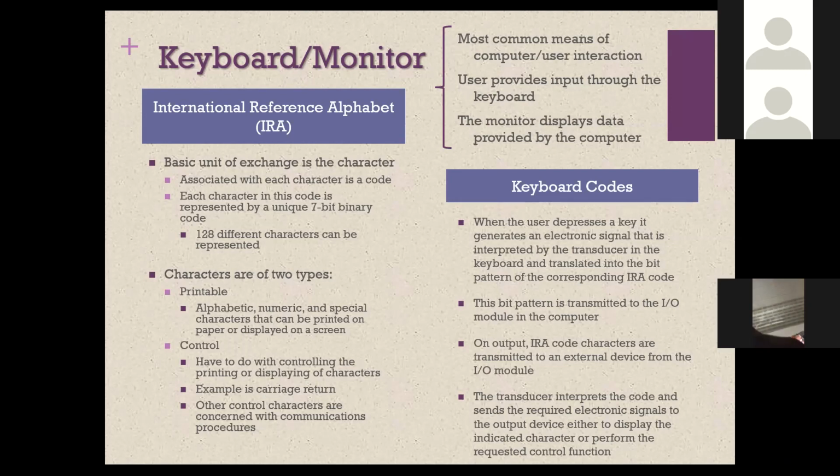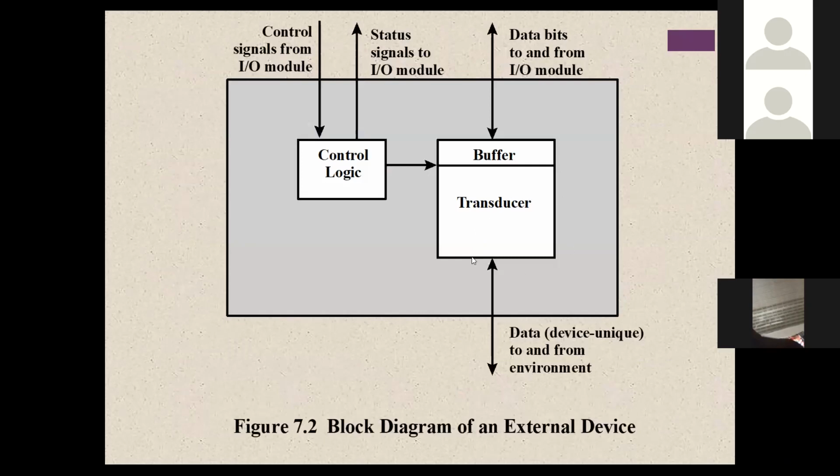Typical transducers: there are a number of transducers that we use even in our daily lives. A very typical one, as we are even having this lecture, I'm making use of a transducer called a microphone. It changes sound energy to electrical energy.